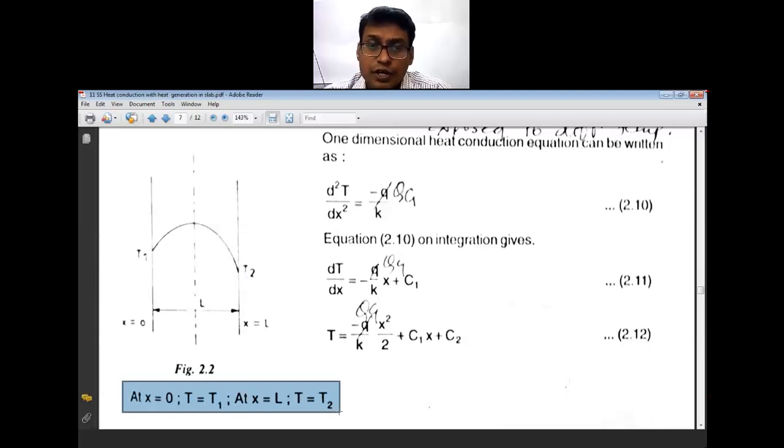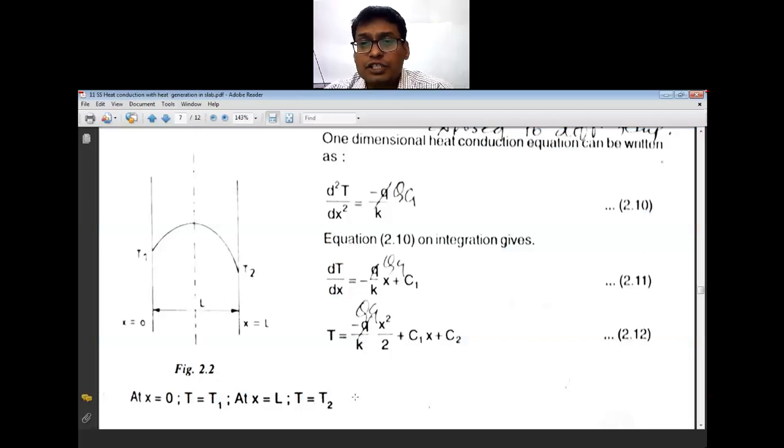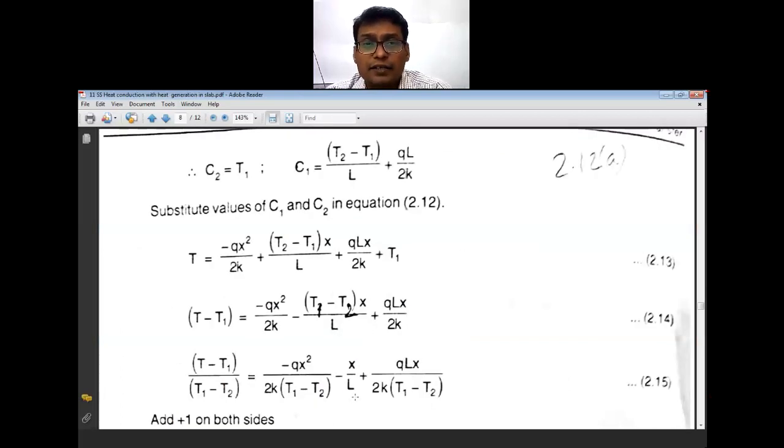Main difference is this. Situations are different and the boundary conditions are different. So applying these boundary conditions, one has to simplify that. So C1 will be calculated as T1, C2 is calculated as T1, and C1 is calculated as (T2 minus T1) upon L plus QL upon 2K.